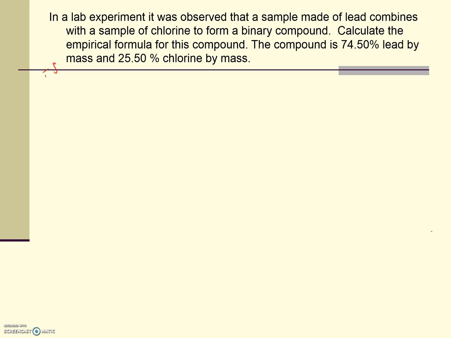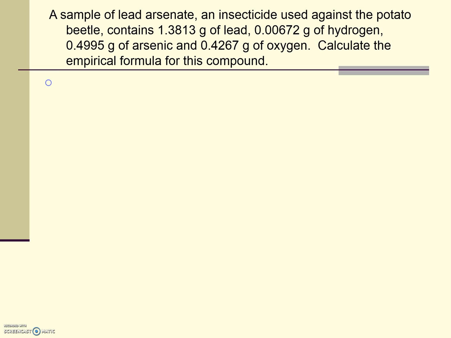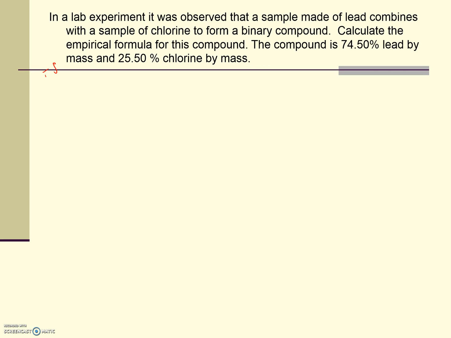And then let's try another one. In a lab experiment, it was observed that a sample made with lead combines with a sample of chlorine to form a binary compound. Calculate the empirical formula for this compound. This compound is 74.5% lead by mass and 25.5% chlorine by mass.